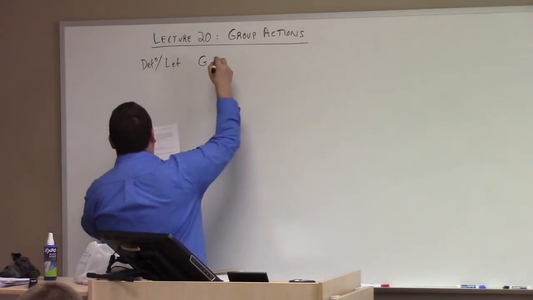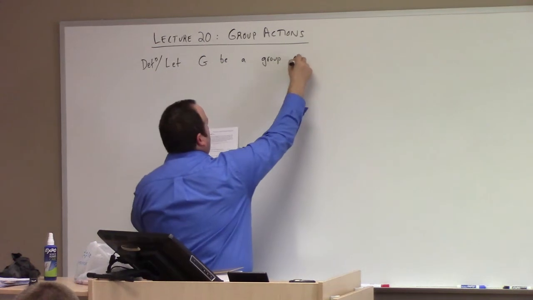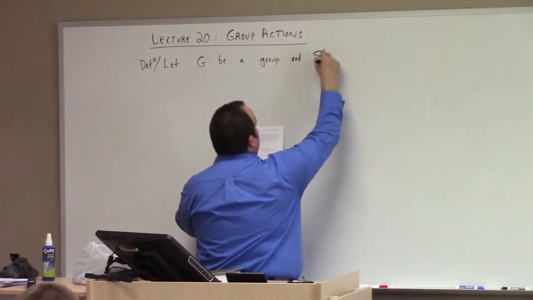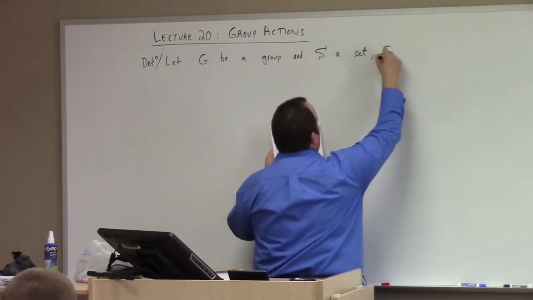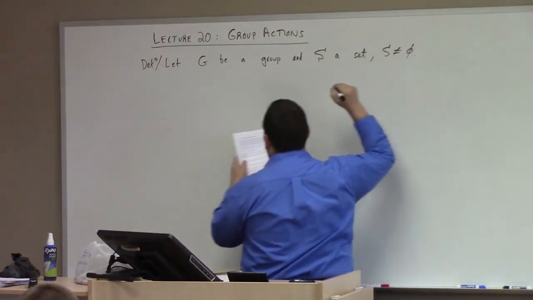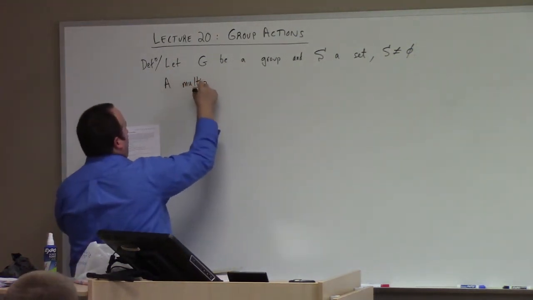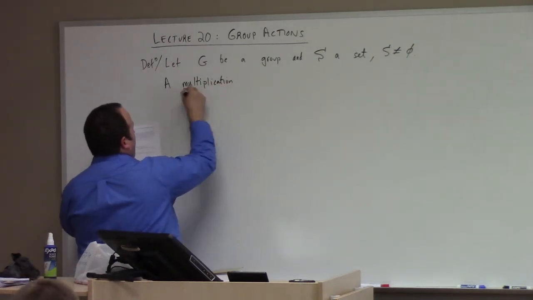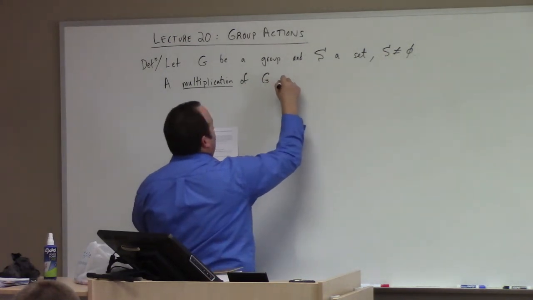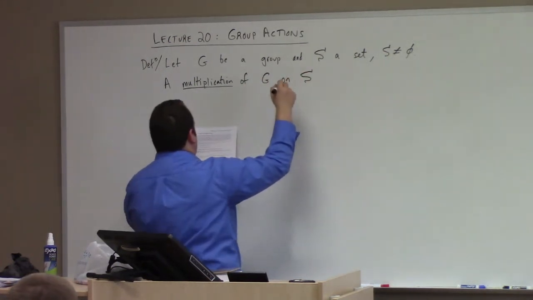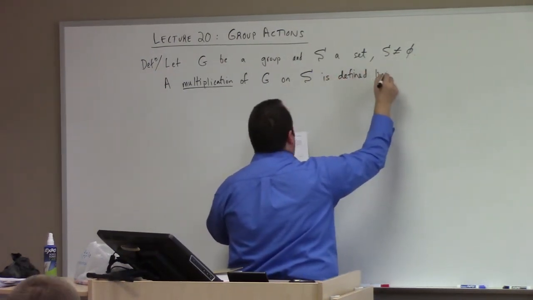Let G be a group and S a set, then, and I'm going to assume that S is non-empty just for the sake of not being annoying, a multiplication of G on S is defined by, so what is it?